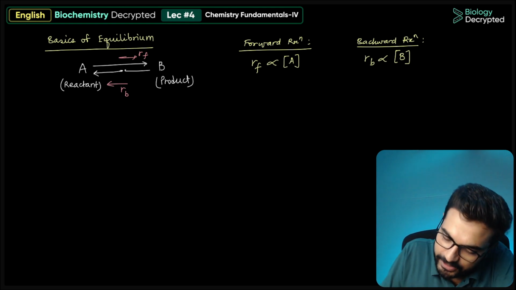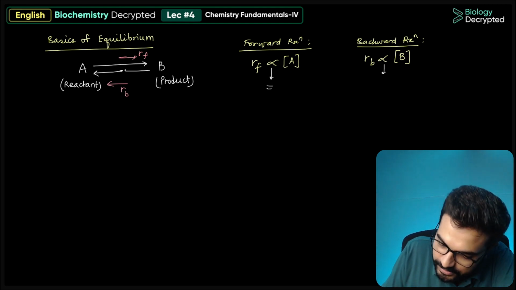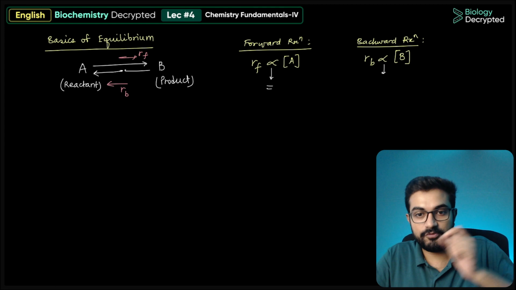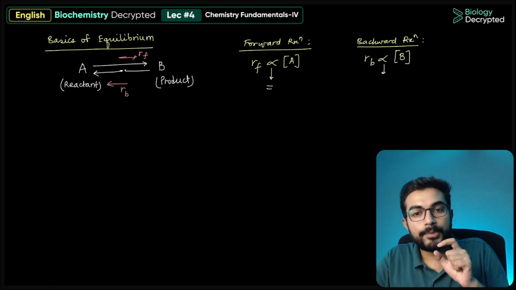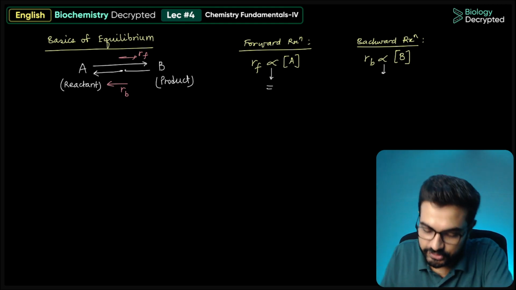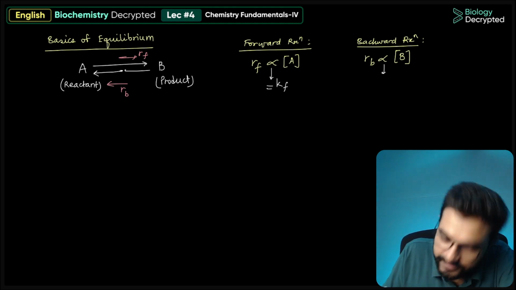Now if we want to remove this symbol of proportionality and equate it, we have to bring in a proportionality constant. The constant that we'll need here is Kf, and it's very simple.